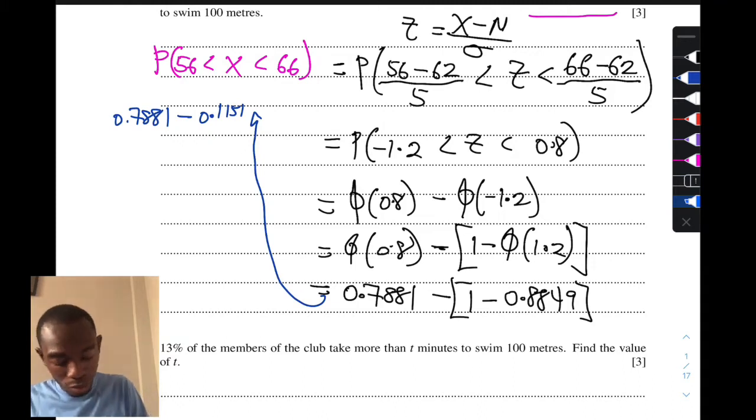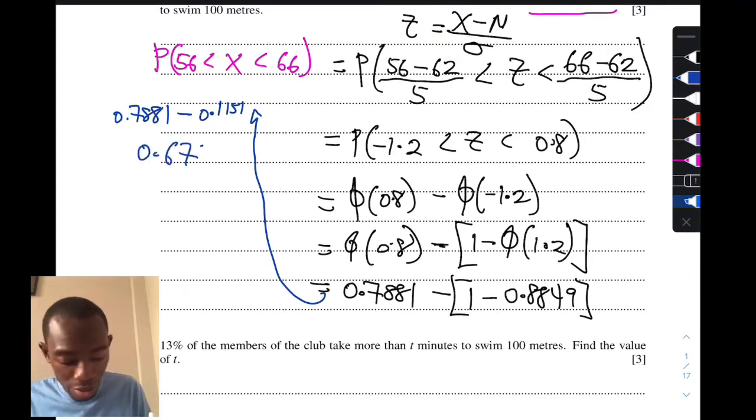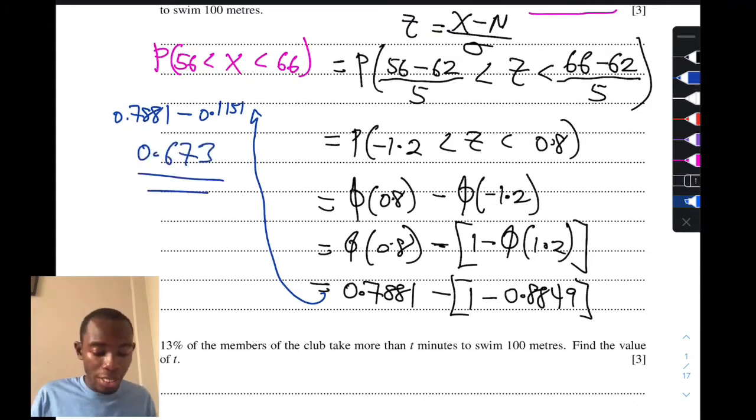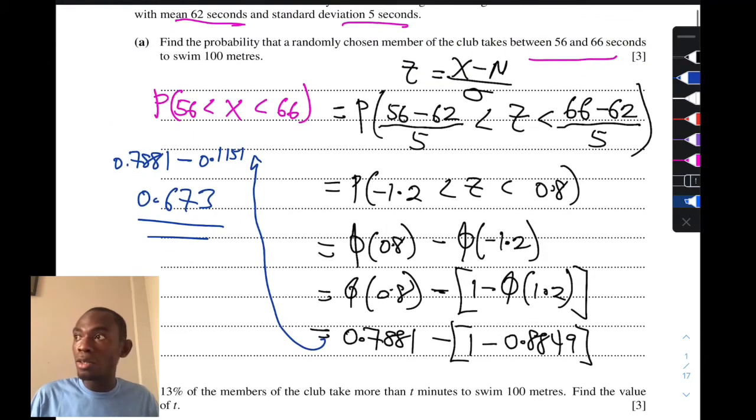Okay, so I have 0.7881 minus 0.1151, and that will give me 0.673. So that is the probability that a randomly chosen variable is between 56 and 66.